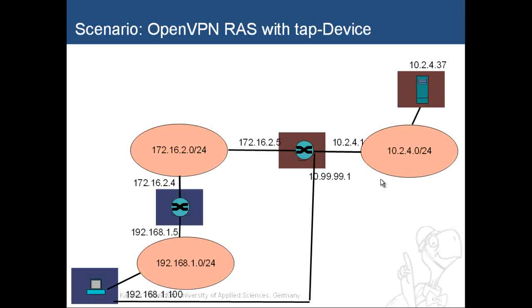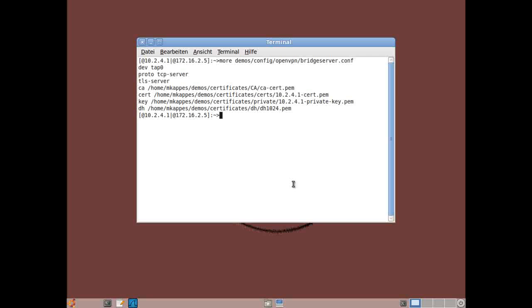You might ask yourself, how is this done on the server side for OpenVPN? Let's also briefly check this by looking into the respective file as well.